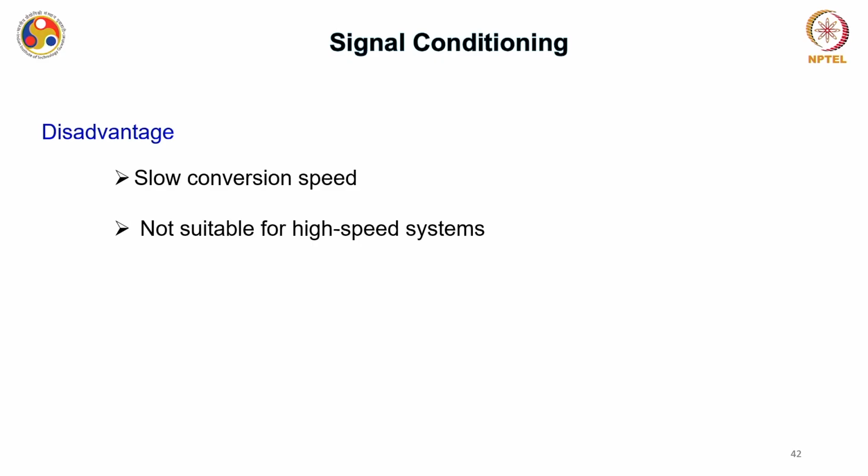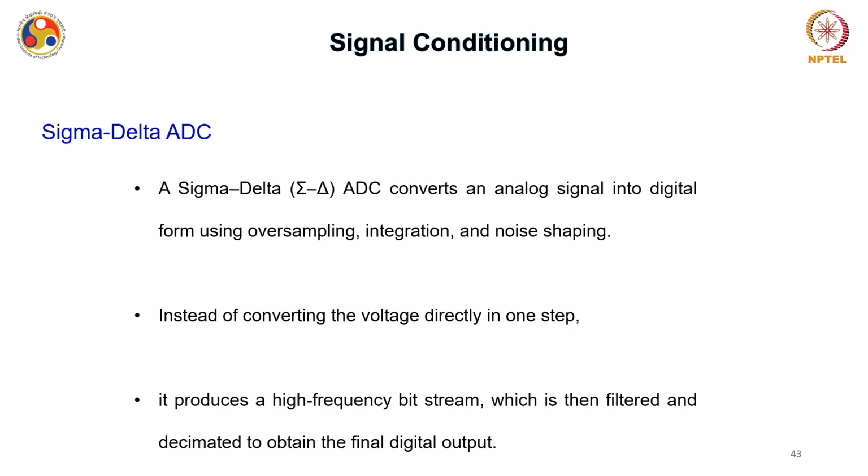However, the conversion speed is something that you have to sacrifice, and they are not suitable for high speed systems. For high speed systems, we have other kinds of advanced AD converters like sigma delta ADCs and others that we named in our previous class. A sigma delta ADC converts an analog signal into digital form using different components, methodologies or stages.